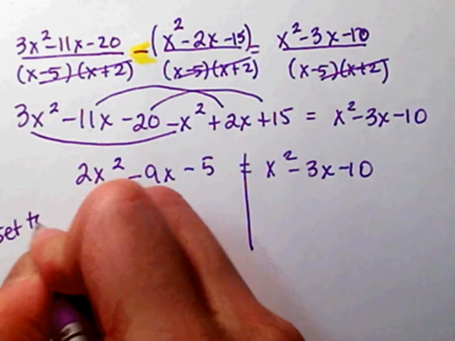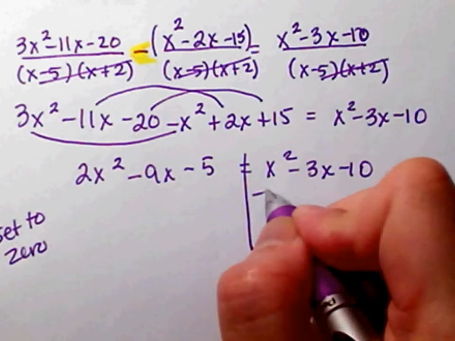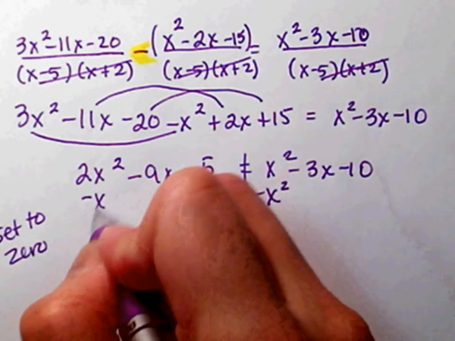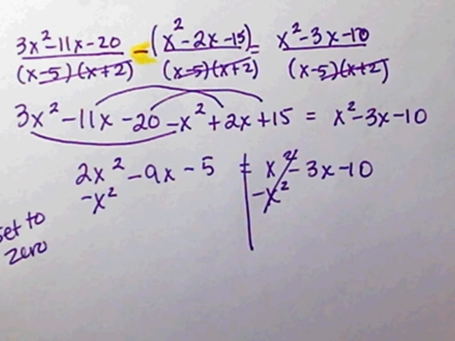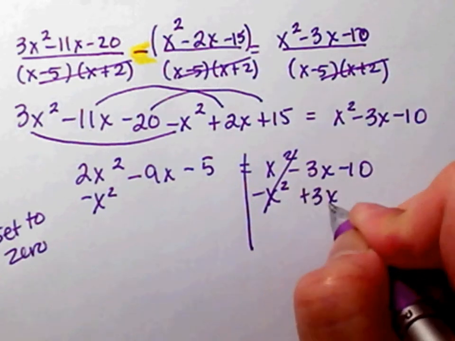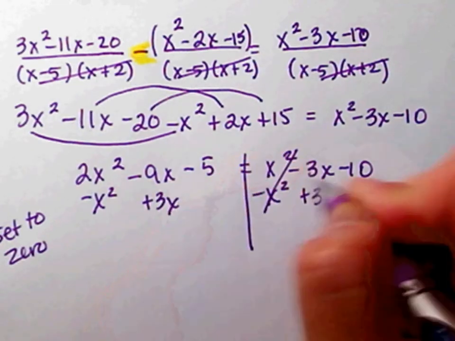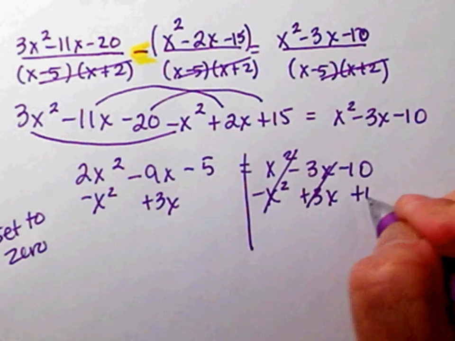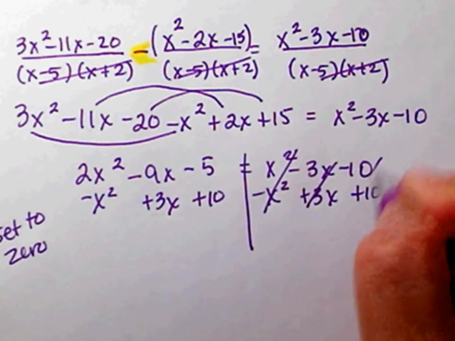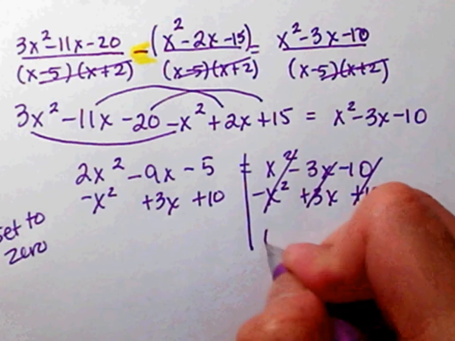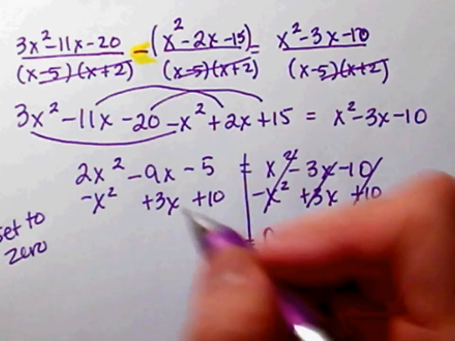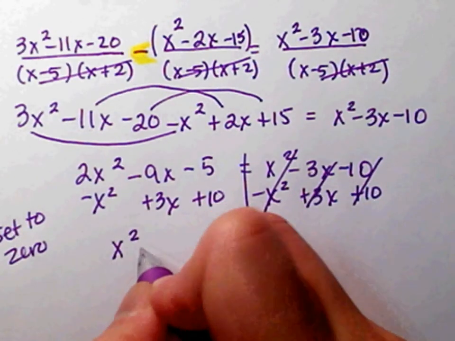Okay. Minus x squared, which do to one side, we do to the other. Plus 3x plus 10. Combine your like terms. Okay? All you have left is 0 equal x squared minus 6x plus 5.